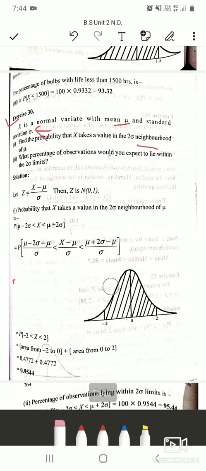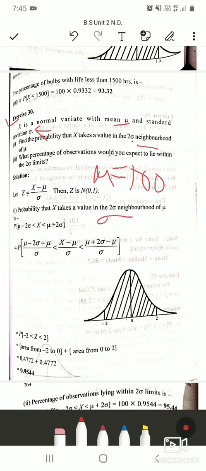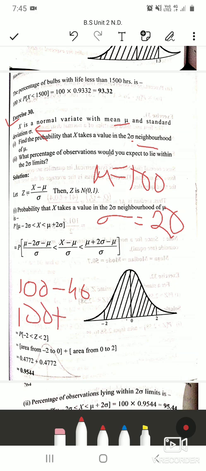Say mu is 100 and the standard deviation sigma is 20. When they say x takes a value in the 2 sigma neighborhood of mu, it will be 100 minus 40, that is 2 into 20 is 40, and 100 plus 40.